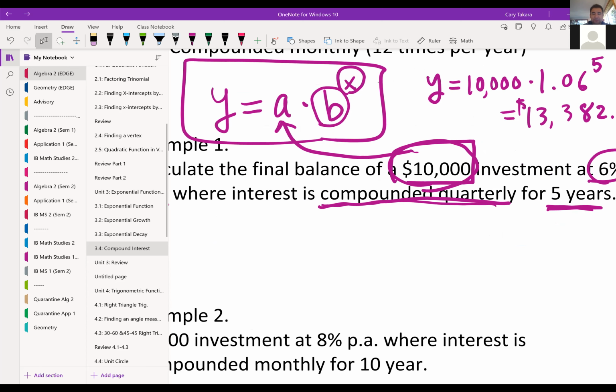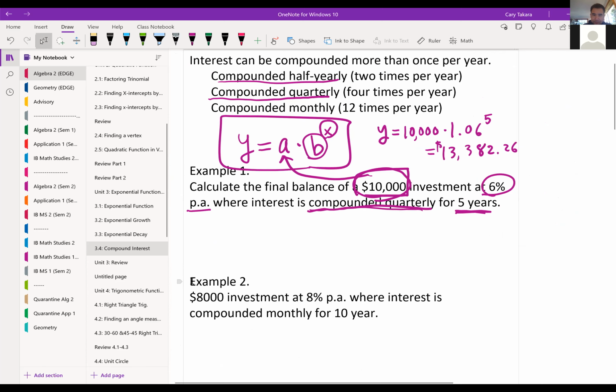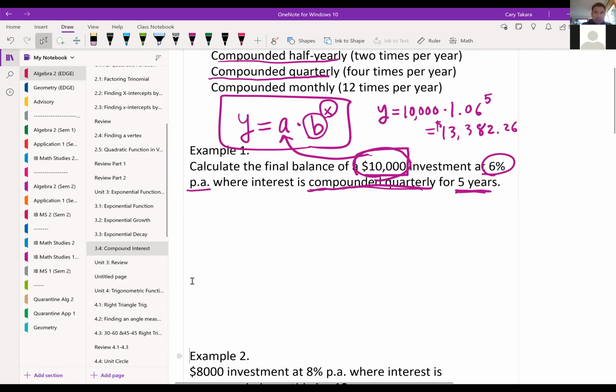So how do you do it? Basically, we need to know how to treat this 6%. We're just going to add one additional step. First, 6% is an annual interest rate. You're going to get 6% for the whole entire year, right? However, we're going to figure out the interest quarterly.